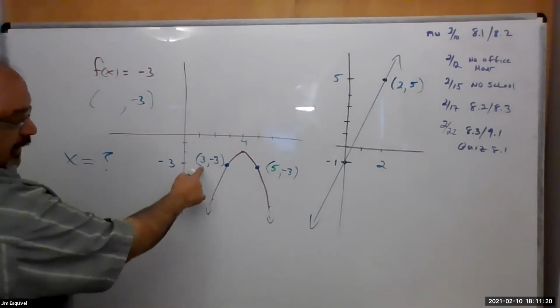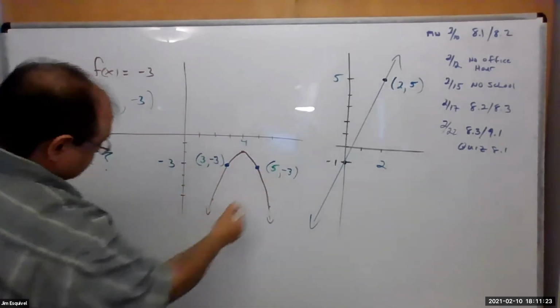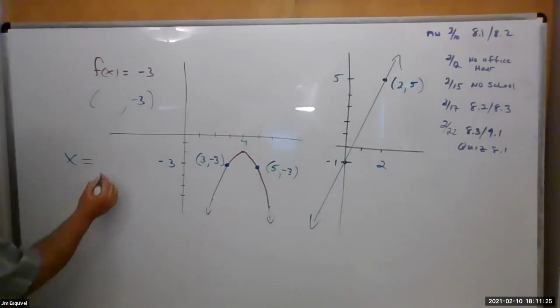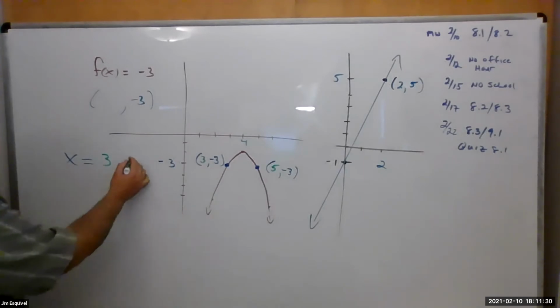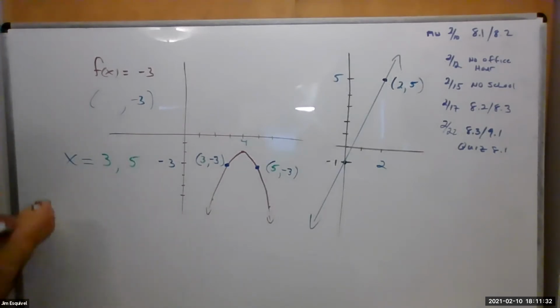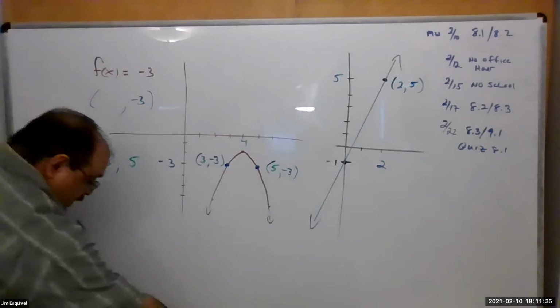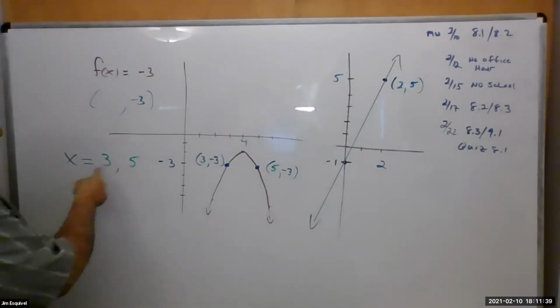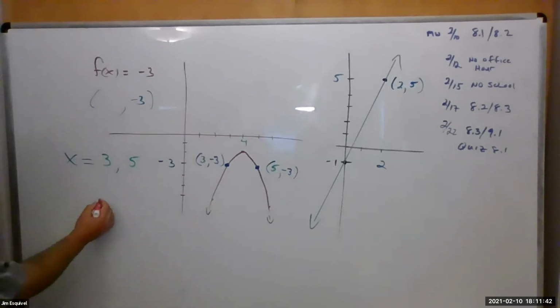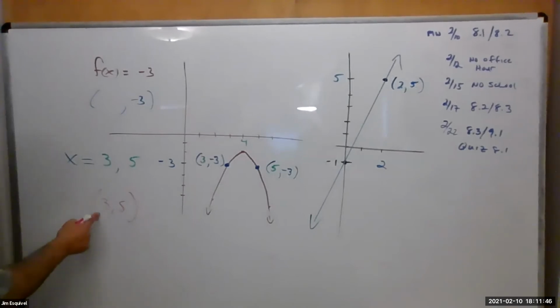So find the x values where y is -3. You're just listing them. The first one, from left to right, is 3, comma, and then 5. Now here's the deal. You want to find the values of x, so these are two individual x's. Do not put the 3 and the 5 in parentheses, because then you're saying it's an ordered pair, an x and a y, not two x's.